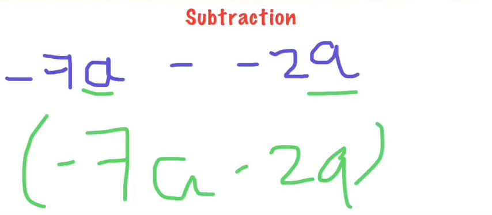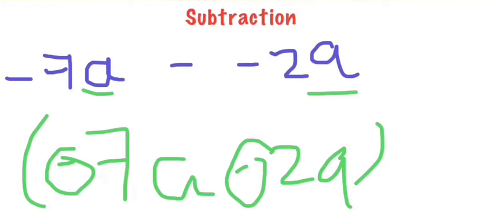We know that if there are two signs of minus and minus, we have to add that particular thing, right? So if I add, I will get 9 as the answer, and the bigger number over here, that is 7, has the minus sign. So I just have to keep the minus sign over here. So I hope that this is clear to you.